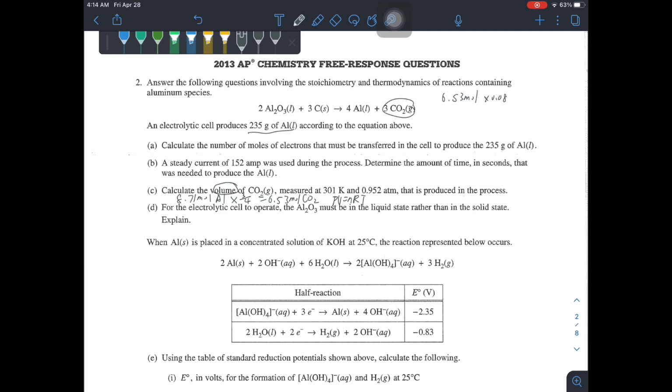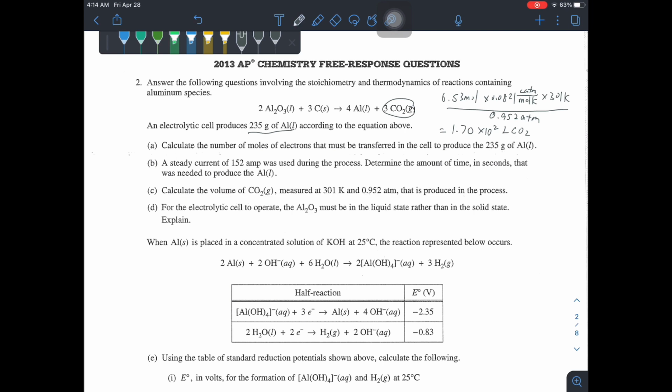So 6.53 moles times 0.0821 liter atm over mole K times 301 K, and on the bottom is 0.925 atm. The answer would be 1.70 times 10 to the 2 liters of carbon dioxide. That is how much is produced in the process.